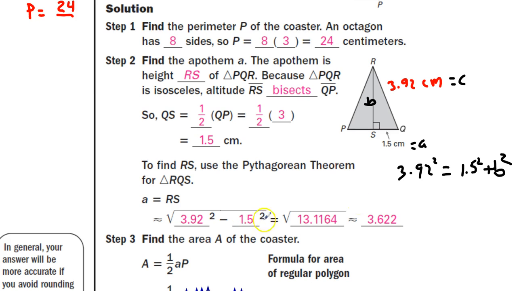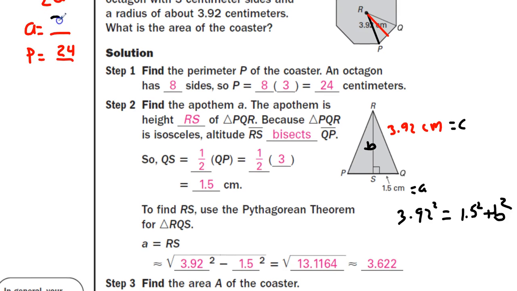That's what you see here. And then to go from b squared to b, I would take the square root. So this is a summary of all the steps it would take to solve for b. And we find that b, which again I should have called a for apothem, is 3.622. Okay, so the length of RS is 3.622. So I now have the length of the apothem.